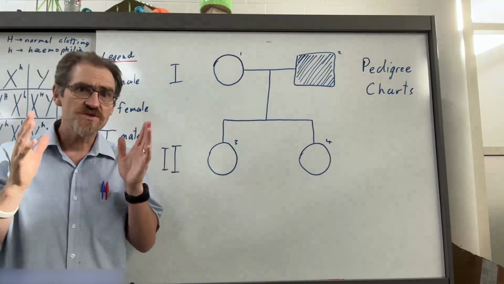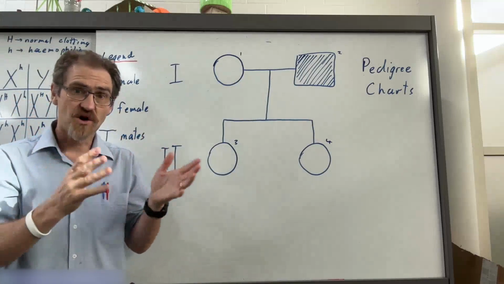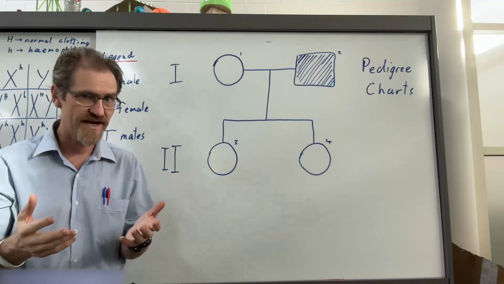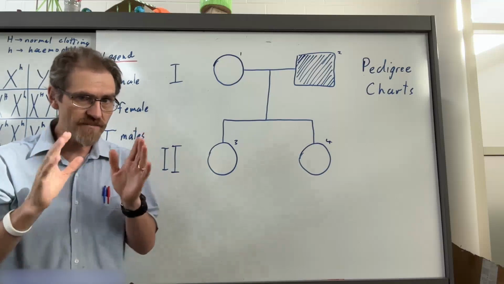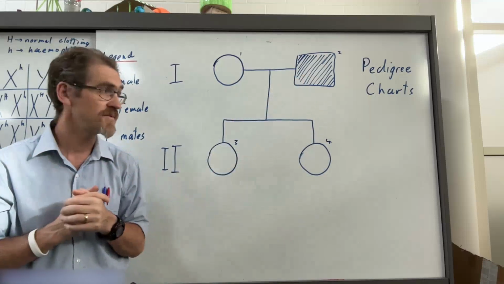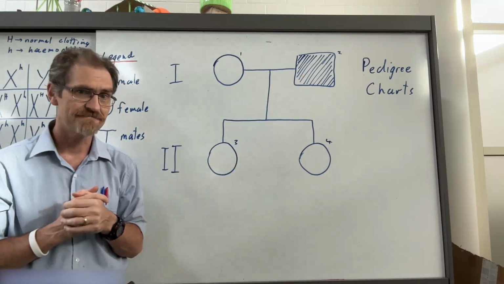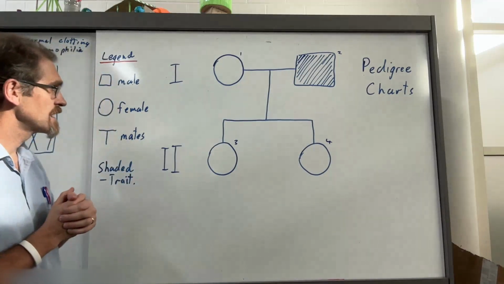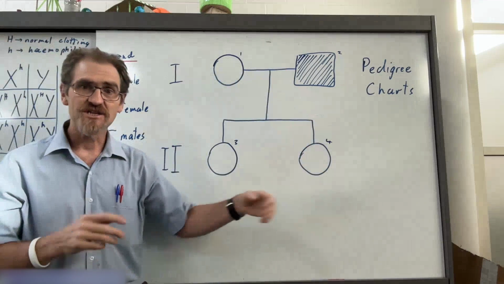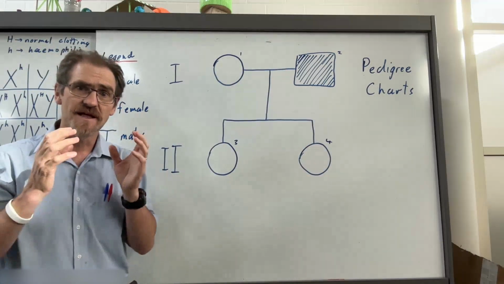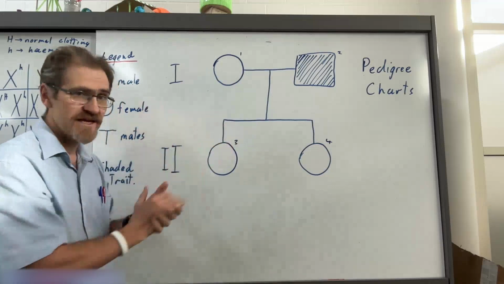We might choose to shade a dominant trait. We might choose to shade a recessive trait. It is not automatic that the shaded boxes indicate a dominant trait. It could be a recessive trait that's being shaded there. The pedigree chart shows us the phenotype of the individuals.